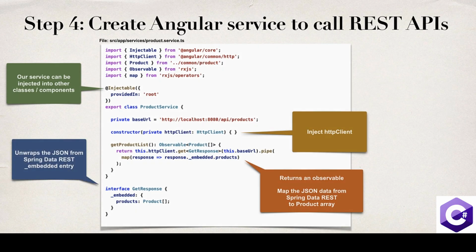At the bottom here, we have this interface called GetResponse. It'll take that _embedded and the products inside of it and map those to a given Product. So this piece of code handles grabbing that JSON data, unwrapping it, pulling it apart, and placing that data into an array of products.